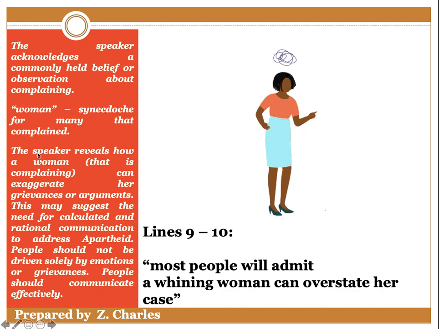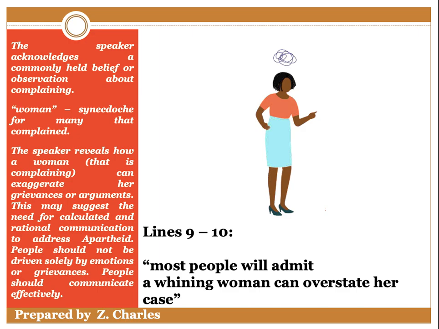So I'm just going to go to this last paragraph. The speaker reveals how a woman that is complaining can exaggerate her grievances or arguments. This may suggest the need for calculated and rational communication to address apartheid. What the speaker is saying is making an observation: when people are complaining, they kind of misconstrue their words. They don't effectively communicate, because they're becoming passionate about the grievances that they're making.